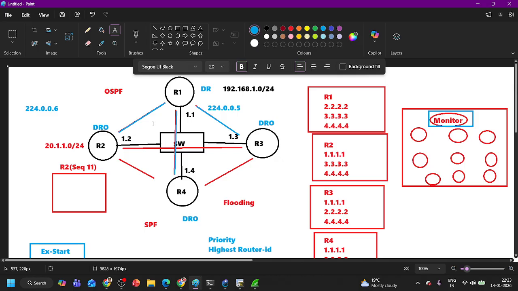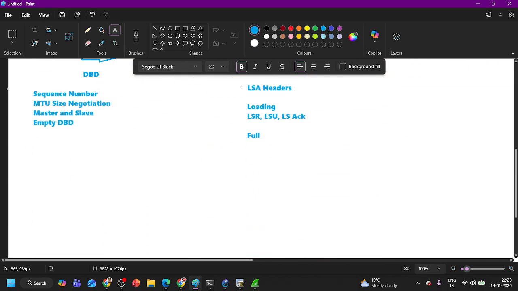But the most important thing, the LSA, is still pending. Tomorrow we'll break down the LSA and you will see we have a total of 12 types of LSA. From CCNA to CCIE we need to learn LSA 1 to LSA 7, router LSA, network LSA, summary LSA, ASBR LSA, external LSA, MOSPF LSA, which is not even in use, that is multicast OSPF LSA.